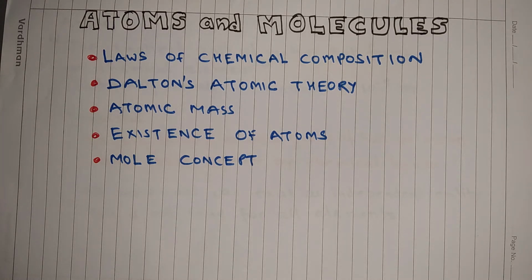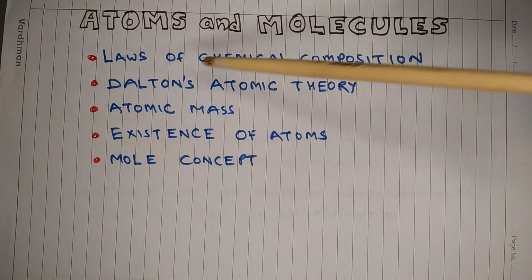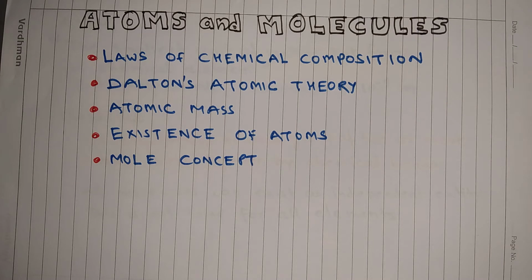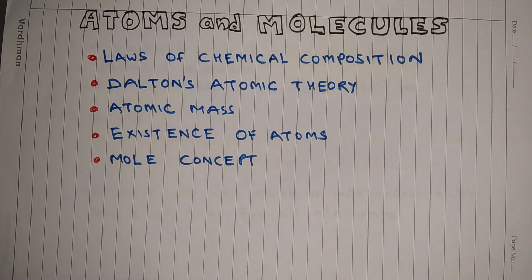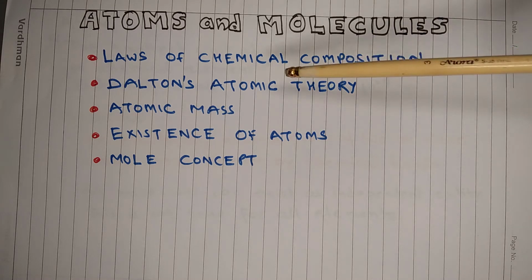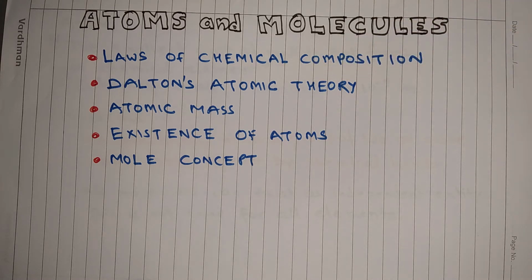The key points which I am going to discuss are: number 1 is laws of chemical composition, number 2 Dalton's atomic theory, number 3 atomic mass, number 4 existence of atoms and mole concept.